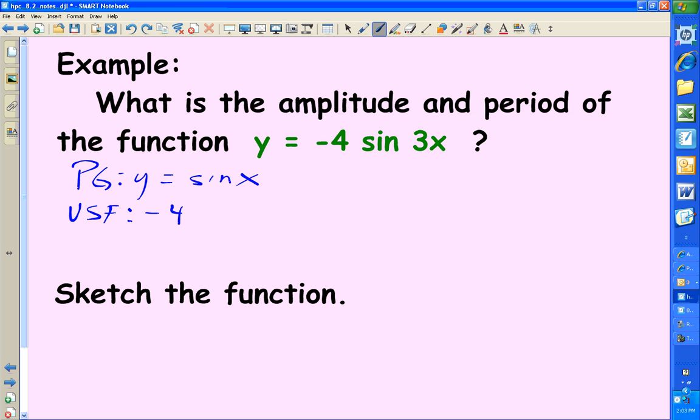What's the horizontal stretch factor? How do you find it? It comes from B. B is 3. The horizontal stretch factor is 1/3. The translation vector for this one is 0, 0.